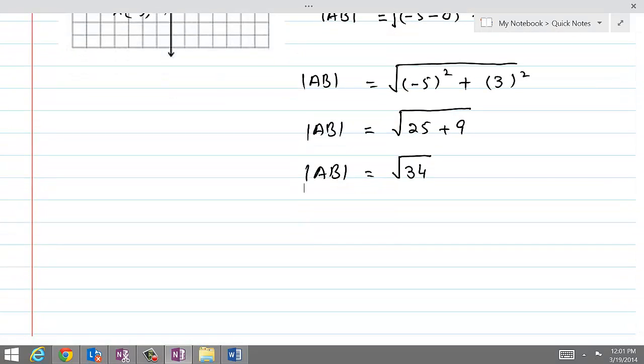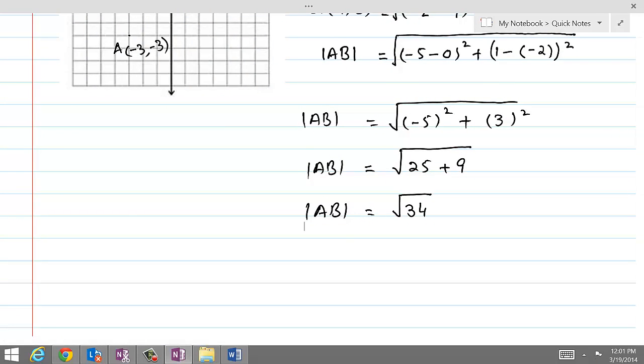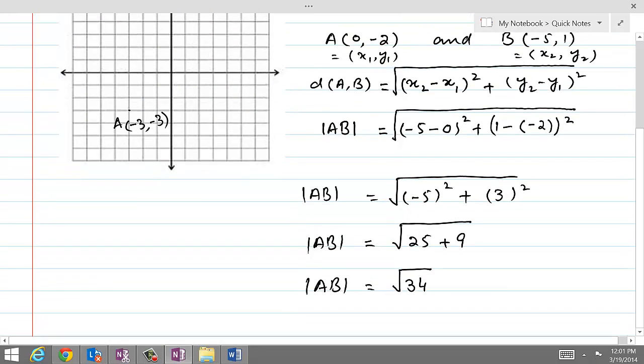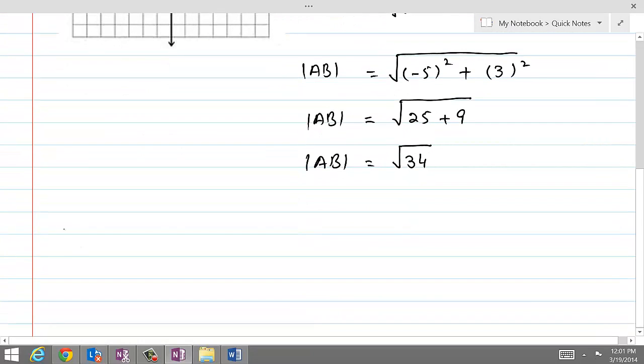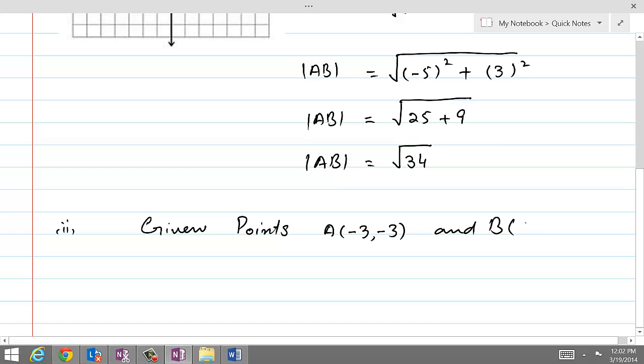And now for question number 2, we have points (-3, -3), and the second point is (1, 6). So for question number 2, again we are going to write the points. Given points are A with coordinates -3 and -3, and B is another point with coordinates 1, 6.